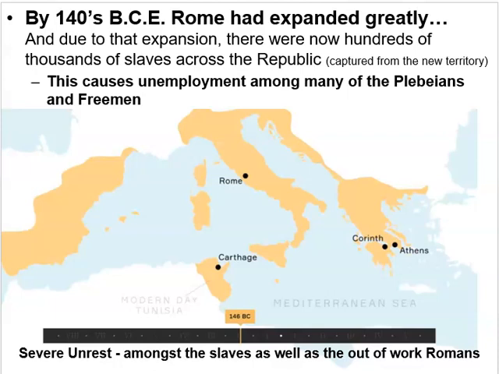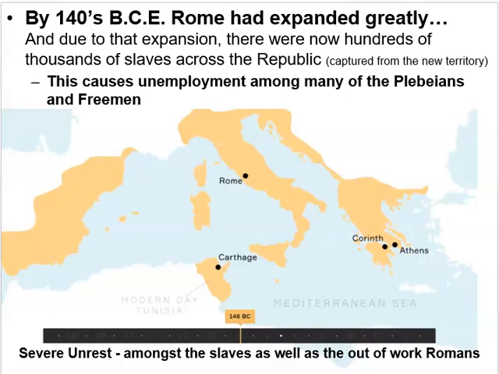Many of those two groups are now becoming unemployed throughout not just the Italian peninsula, but all of the areas controlled by Rome. With this unemployment, as well as other issues, such as the slaves themselves being upset, we end up having a massive amount of severe unrest, okay? People are not happy. The slaves, as well as these out-of-work Romans, are very unhappy.